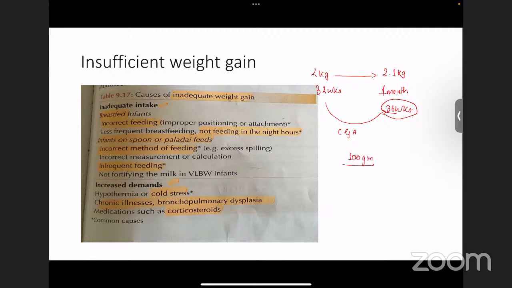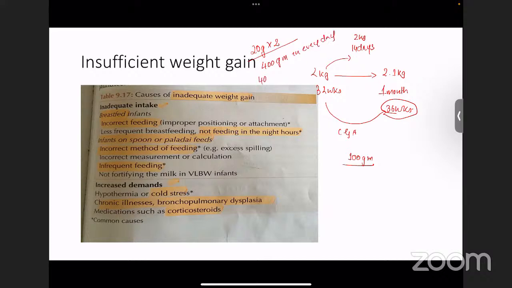And you know, for 32 weeks, I said it is 14 days, 14 to 20. So for 14 days, I'm taking, she attained 2 kg. After that, I say for every day, it should be 20 gram per kg. So her weight was 2 kg, so 20 times 2 is 40 grams. So 40 grams should be attained every day.